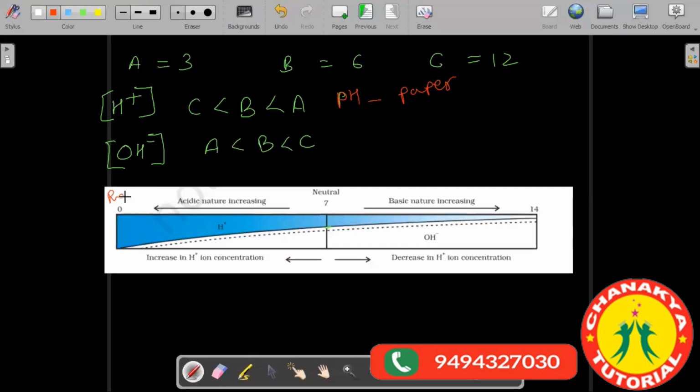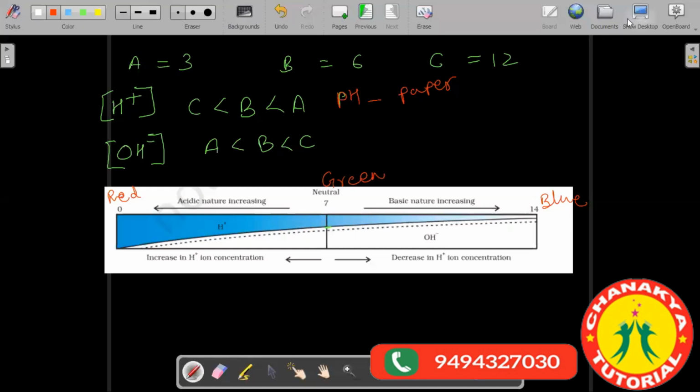A solution with a low pH will give you red color, and if a solution has a pH nearly 14, it will give you blue color. In between, at pH 7, you will obtain green color on the pH paper.